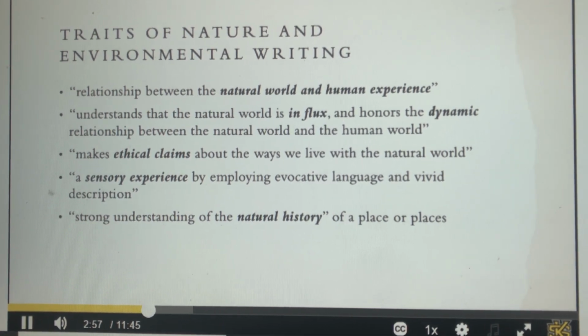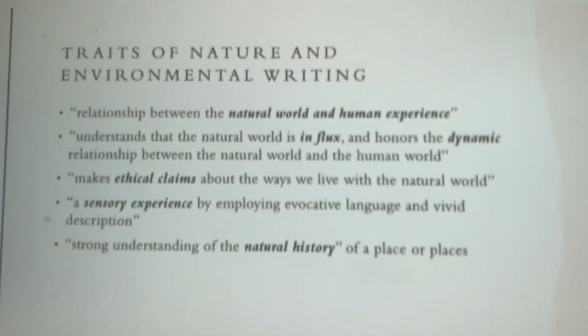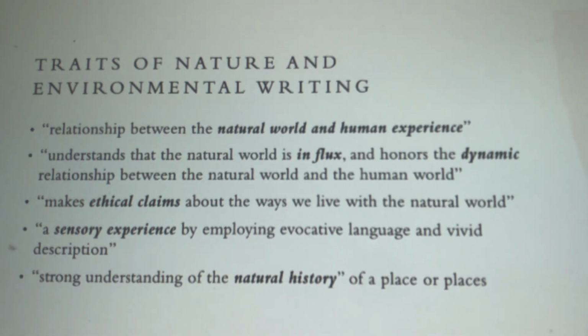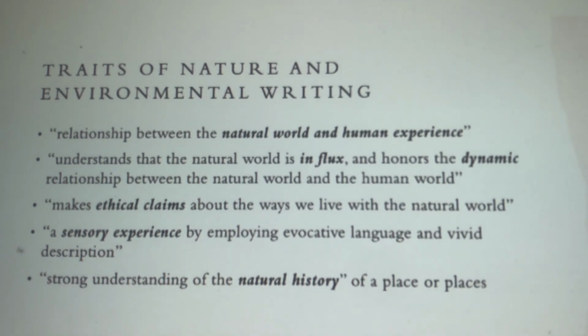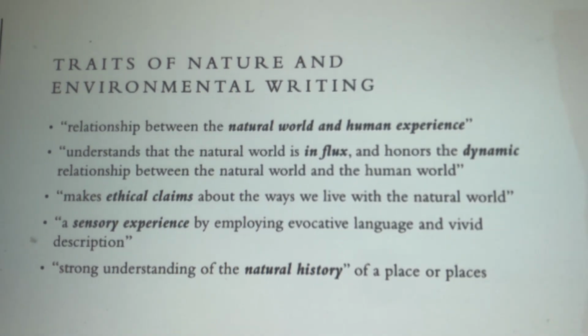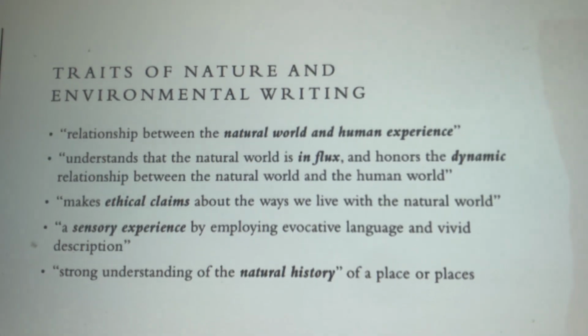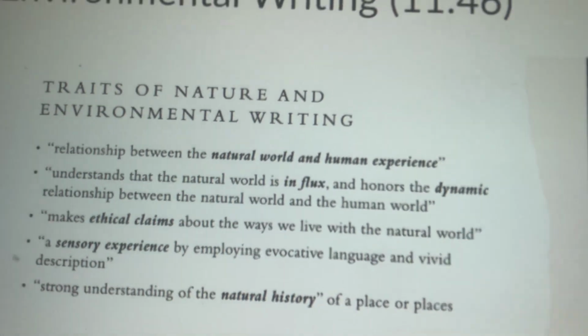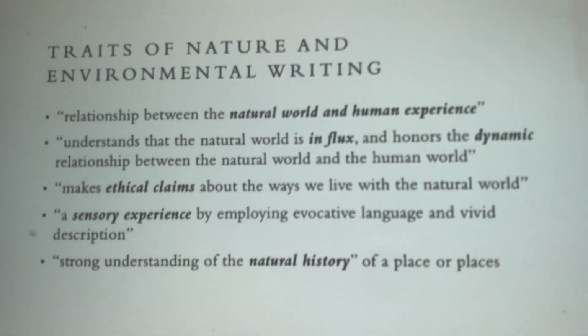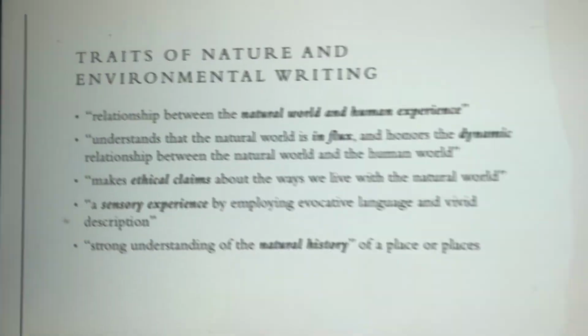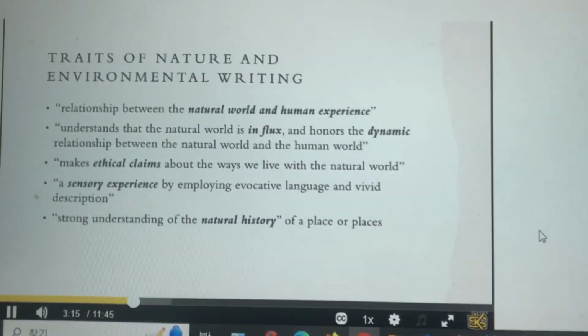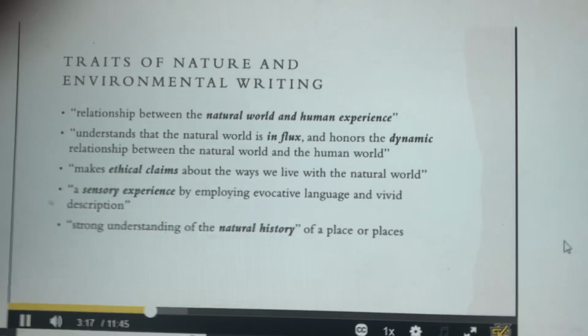It makes ethical claims about the ways we live with the natural world. It's writing that provides readers with a sensory experience by employing evocative language and vivid description. And it is informed by a strong understanding of the natural history of a place or places.